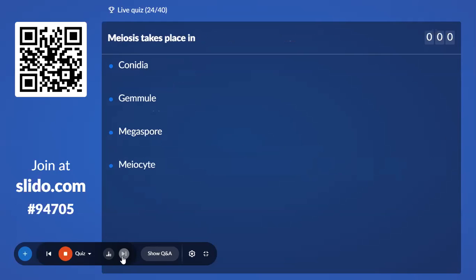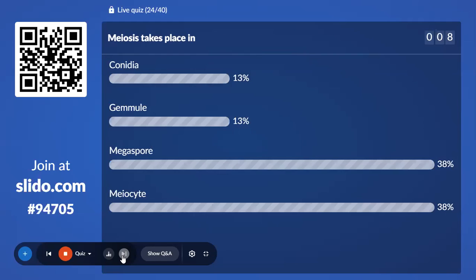24th question. Simple question. Meiosis takes place in. Only 10 seconds needed for you to answer. Conidia, gemmule, megaspore, and meiocyte. 3 seconds and you have the majority vote on the screen. Guys, you voted with every answer.